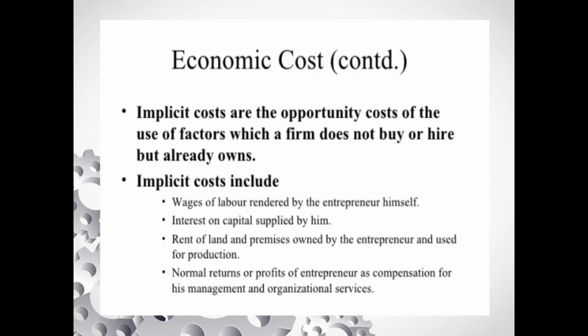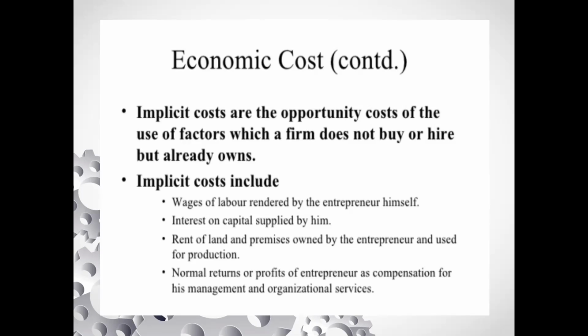For example, implicit costs include wages of labor rendered by the entrepreneur himself, interest on capital supplied by him, and rent of land and premises owned by the entrepreneur and used for production. On the whole, the implicit cost is the value of the entrepreneur's own resources and services.